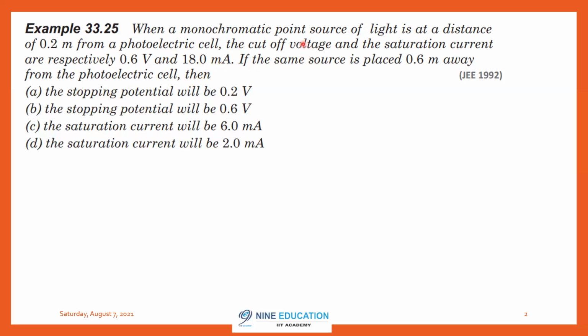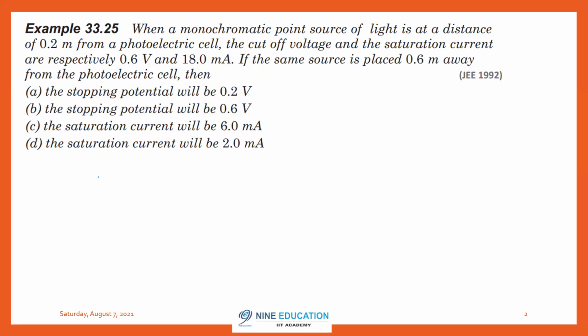The cutoff voltage is the stopping potential, the same thing. If the same source is placed 0.6 meters away from the photoelectric cell, then what happens to the stopping potential? What happens to the saturation current?